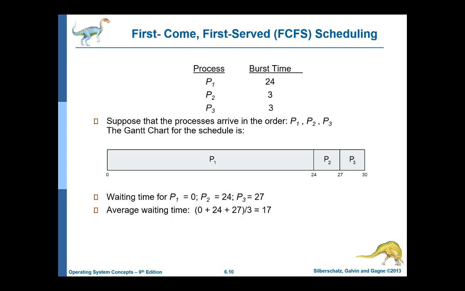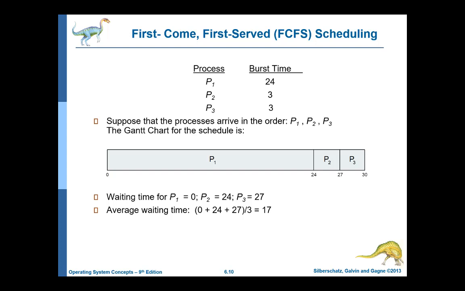So here is an example. On the top we have a table, sort of. We have two columns. One is the process ID or the process number. So we have three processes, P1, P2 and P3. And the other one is the burst time. What is burst time? It is the time taken by this process on the CPU, in one go.